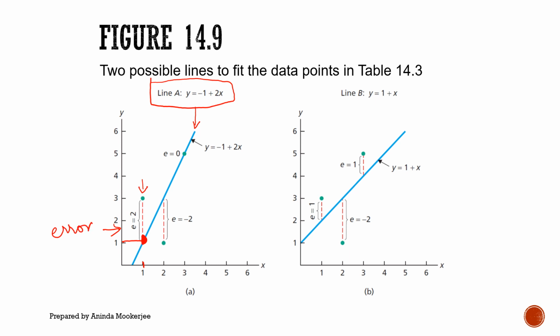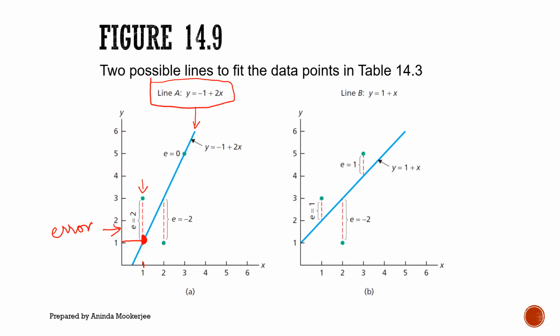Once we find all these differences between the actual value and the predicted value coming from the line, we put them in a table, we square them, we sum them up, and whichever of these lines has the least error squared will be our line of choice.